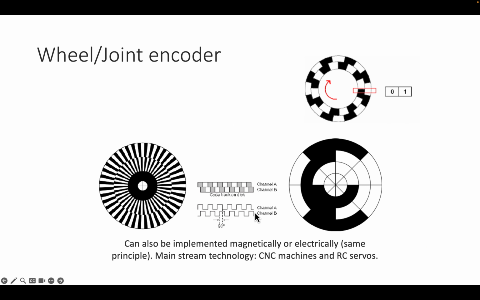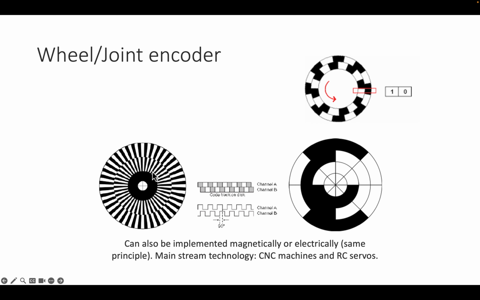All right, next class of sensor that is very important in mobile robots and arms alike is the wheel joint encoder. It is used to tell the orientation of a wheel or a robotic arm. The way this is done, I have a robot joint which has a motor, and together with the motor I put a disc that literally has a pattern like this, black and white alternatingly.